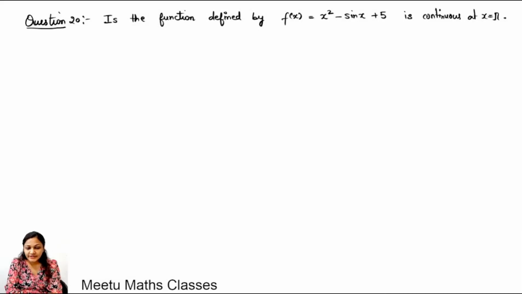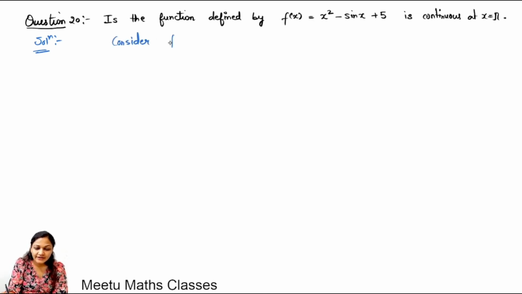Your question 20 is, is the function defined by f(x) = x square minus sin x plus phi continuous at x equals pi? Now, to check the continuity of this function at x equals pi, we are going to first consider this function.